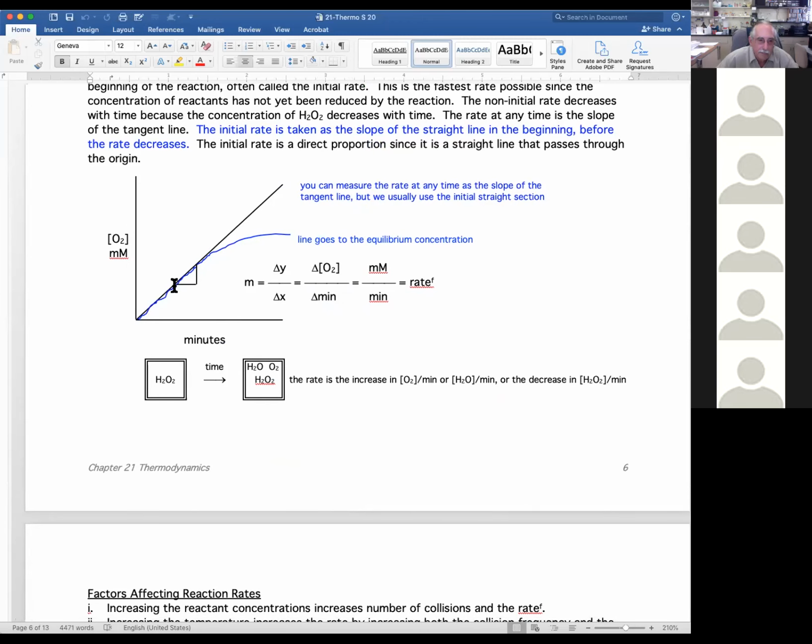Eventually, this rate right here will start to fall off because I'm running out of hydrogen peroxide. So what we do is take the rate where it's still straight right here, where it's proportional. We take the slope of that straight line right there, and that gives us the rate. In this case, it was millimoles of oxygen per minute. That was the rate.